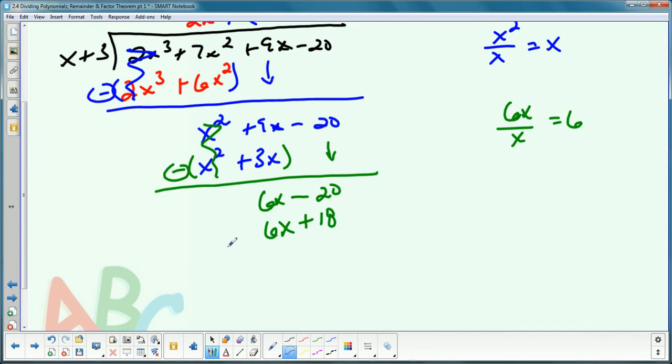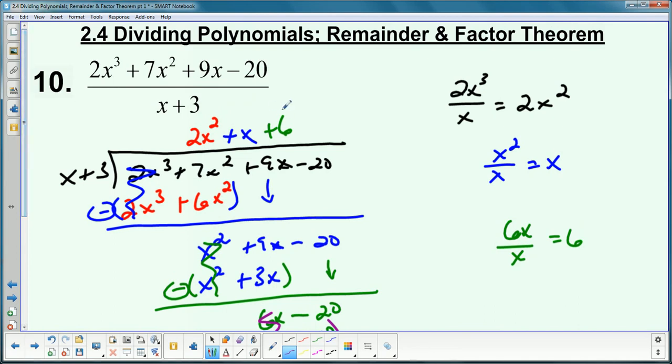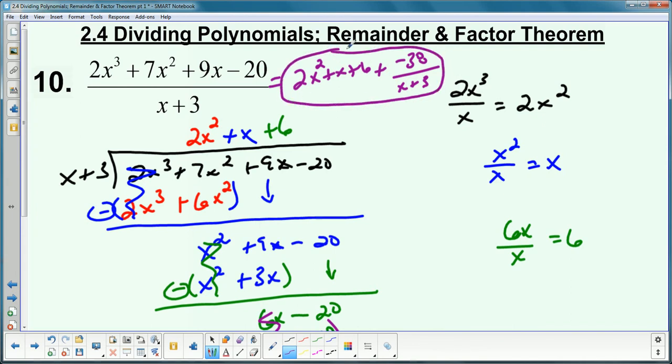Again, we are subtracting, so our first two terms cancel out. Negative 20 minus 18 gives us negative 38. So our division is 2x squared plus x plus 6 plus negative 38 over x plus 3, and that would be our long division.